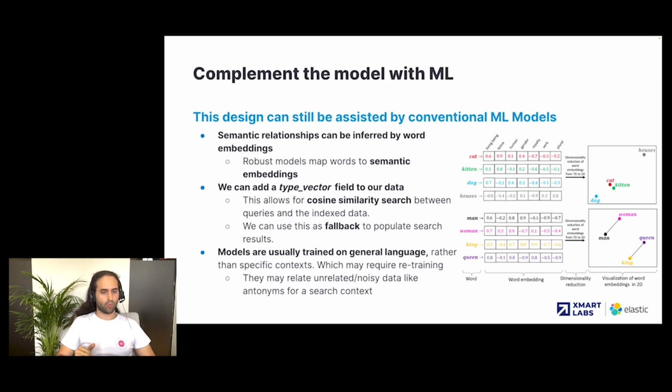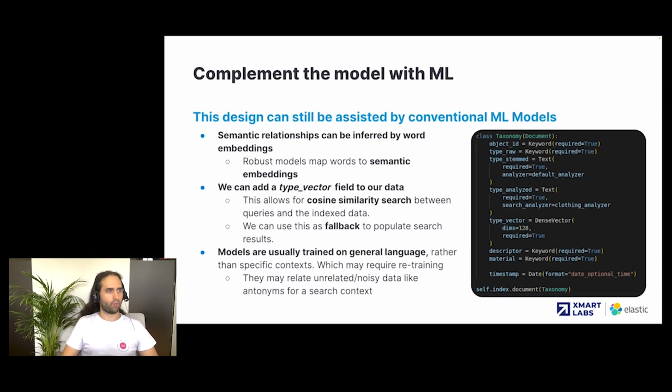As another improvement, we can complement our model with searching in vector spaces through word embeddings. Presuming that we have a pre-trained model that receives a sentence and returns the semantic representation on a vector space, we can run the model on query time to get the embeddings for any search term, so a vector representation of that search term.